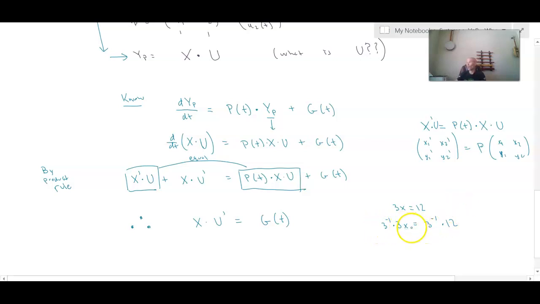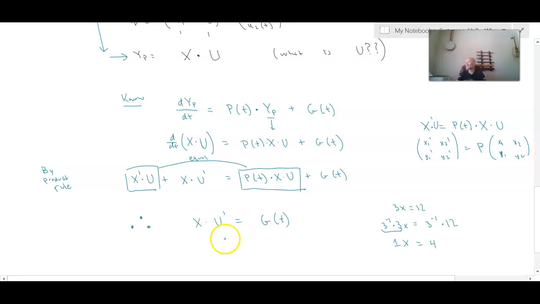So really this is just 1/3 times 3 instead of 3 divided by 3. Mathematically we think about it as the same operation, but with matrices it matters. So this gives you 1x equals 3 inverse times 12, or 1/3 times 12, which gives you 4, and that all pans out nicely.